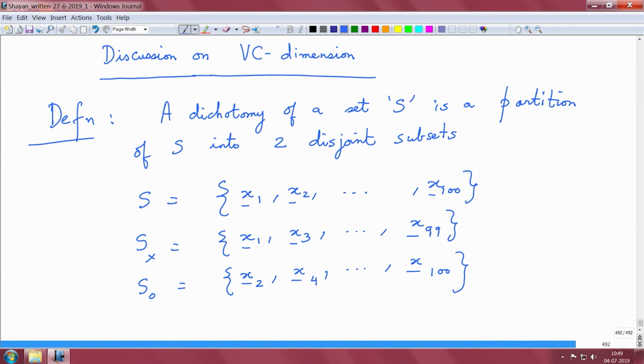So, x1 gets the label 1, x3 gets label 1, x99 gets label 1, and then x2 gets label 2, x4 gets label 2, x100 gets label 2, and so on. This is basically a partition of this set into two disjoint subsets, corresponding to our two class problem, right. This is just a two class problem.